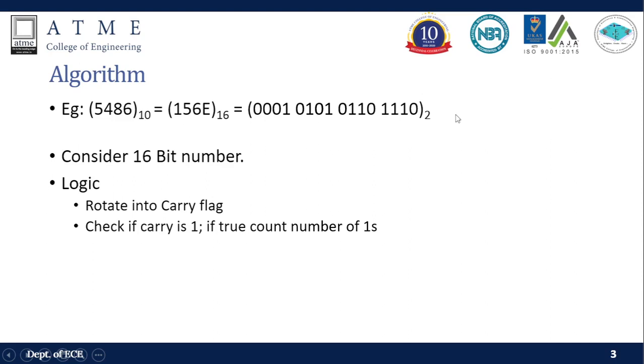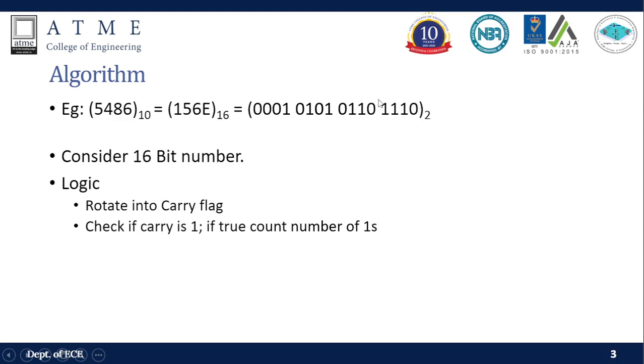So if there is a carry, then one register will count the number of times a carry is generated. If there is no carry, then that is also counted in another register, and the numbers that you finally get after the complete count are going to be the number of ones and number of zeros. To be more precise, in this case we are taking a number which has 4, 8, 12 and 16 bits in total.